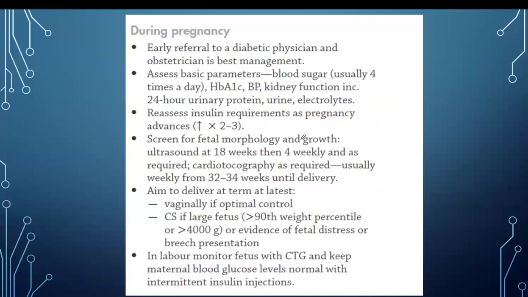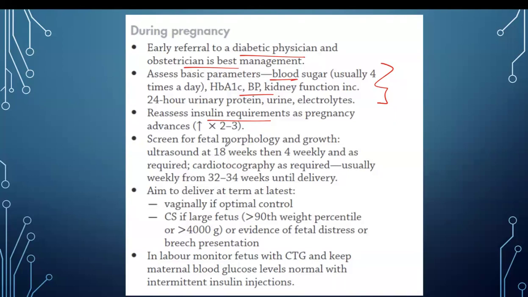So early referral to a diabetic physician like an endocrinologist, and an obstetrician, is very important. Before you do anything, you need to check their HbA1c, their blood sugar level, and kidney function. So basic bloods should be done. The insulin requirement can increase, even sometimes 2 or 3 times more than usual.